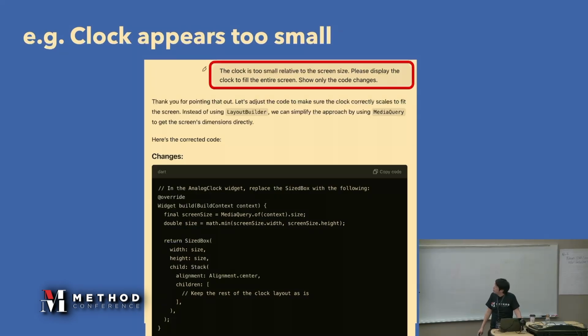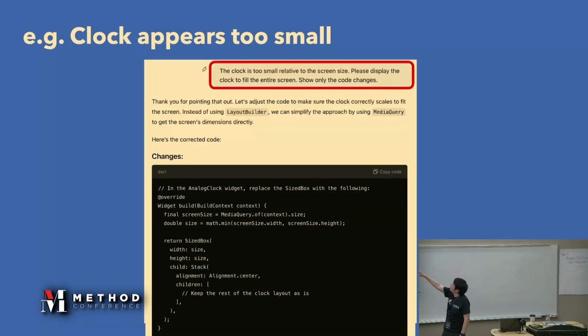But this app has more problems. The clock is very small, so we'd like to make this analog clock bigger. And so I'd like to throw a new prompt like this.